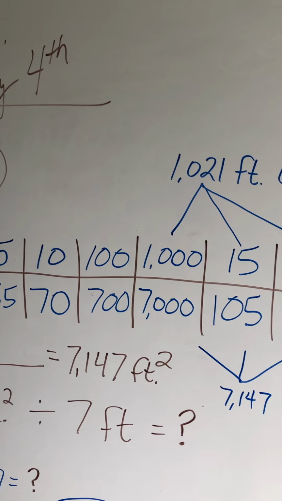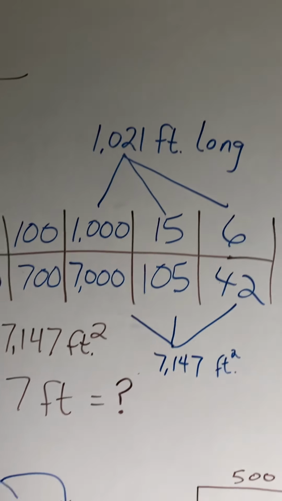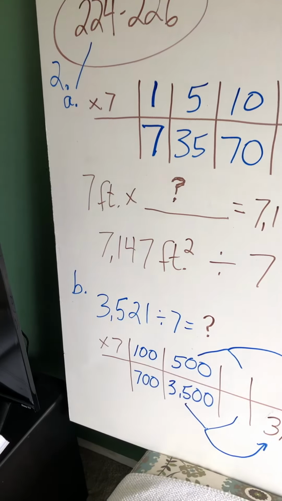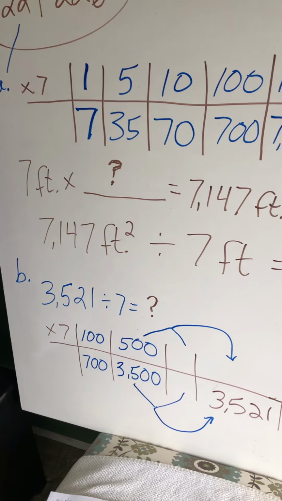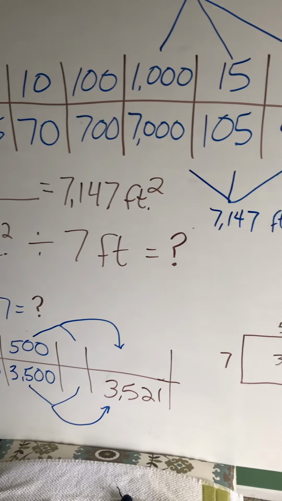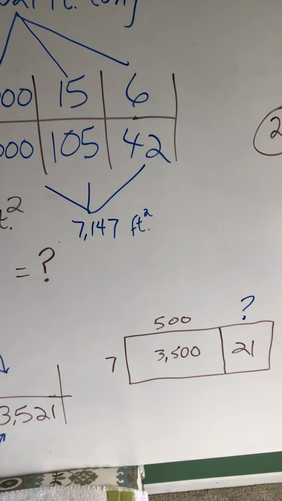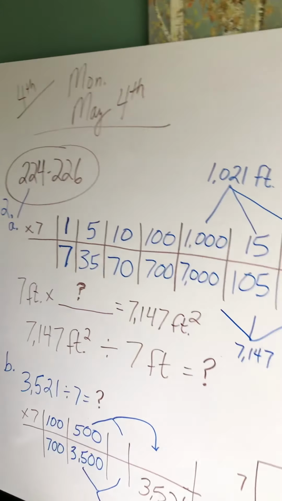If the trail is 7 feet wide, how long is the trail? Okay? So really all that is, length times width equals area, or area divided by length or width would give you the correct other factor.